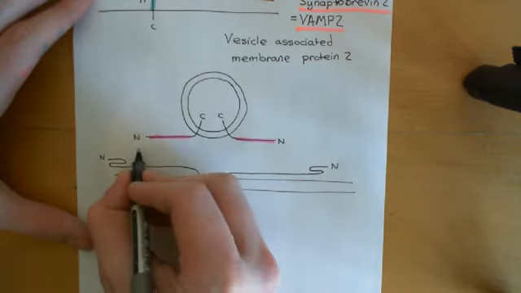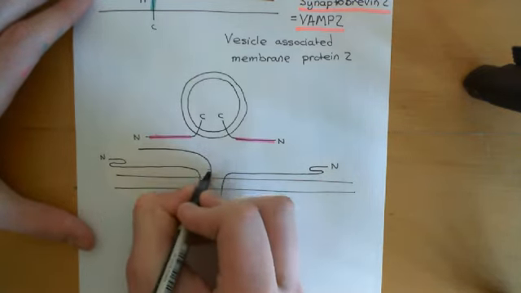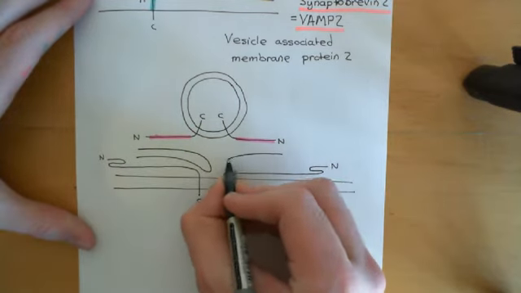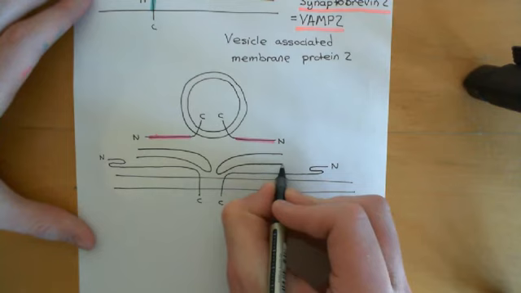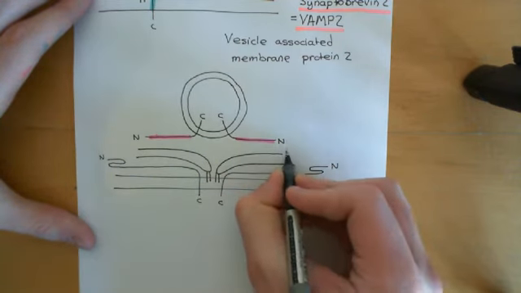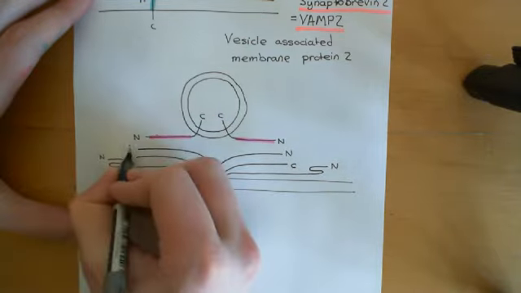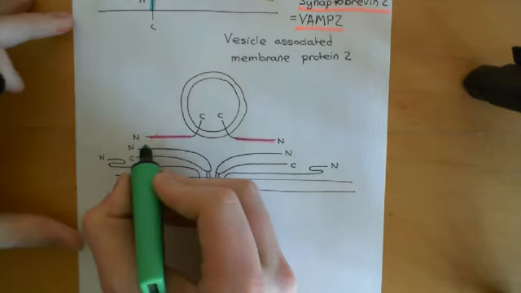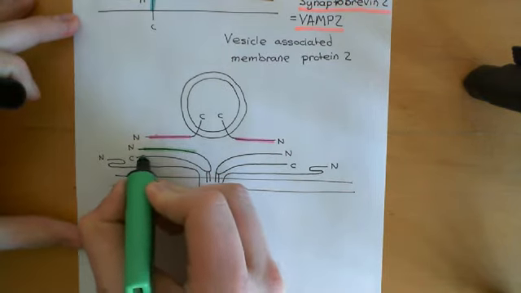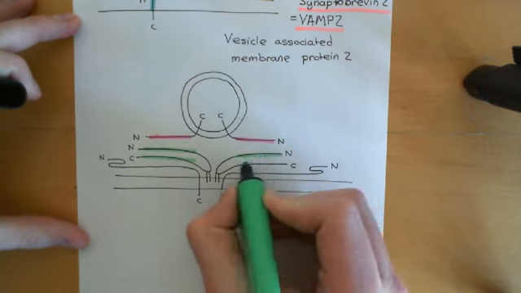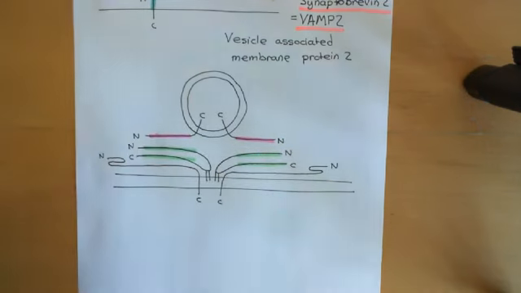Then the final SNARE protein that we need to add in is the SNAP25s, which I'll put here, attached to the plasma membrane by their lipid moieties. And here's the amino and carboxy termini of these SNAP25 proteins. Right, so let's colour this in. Here's the QB SNARE motif of SNAP25, here's the QC SNARE motif of SNAP25, again for this one over here.